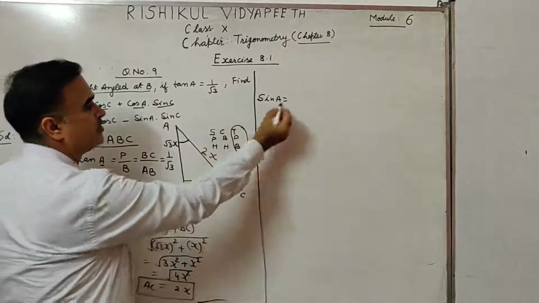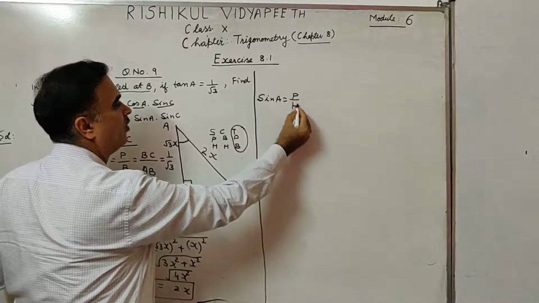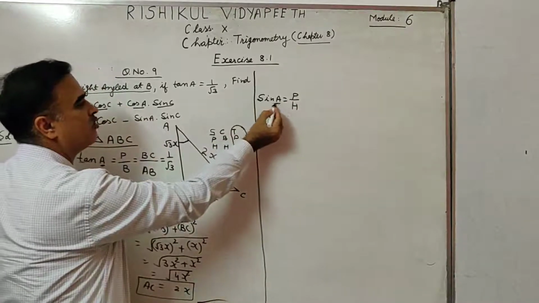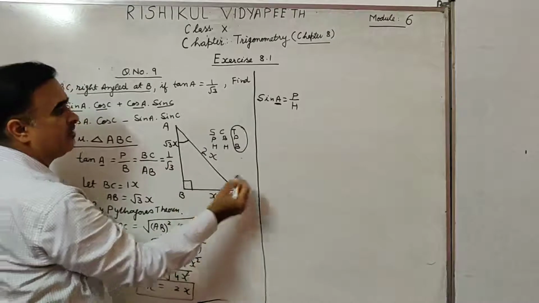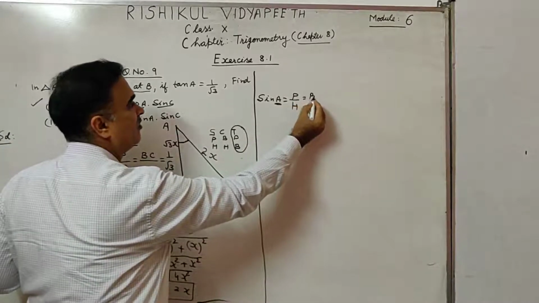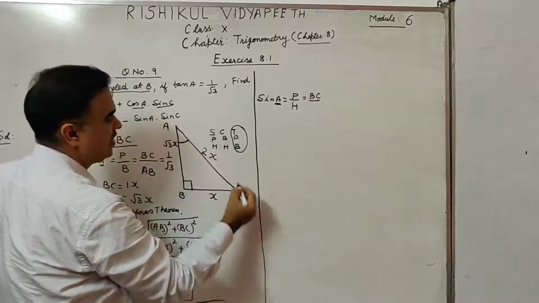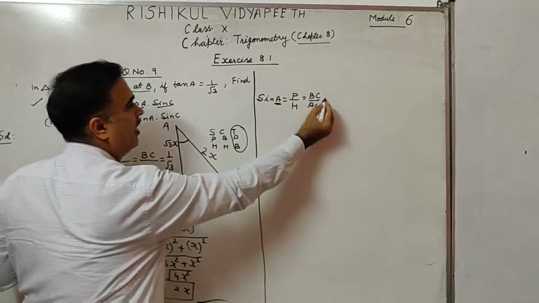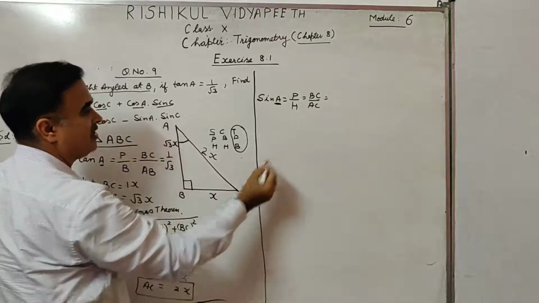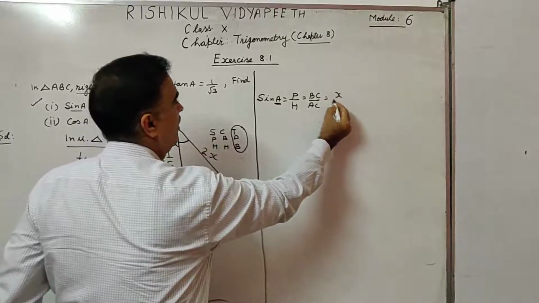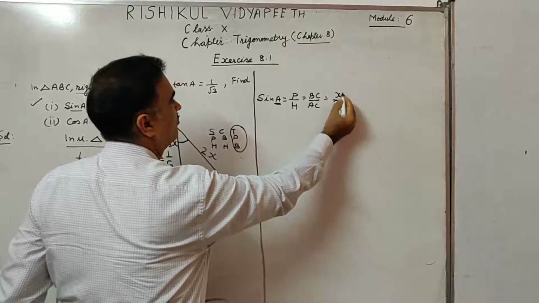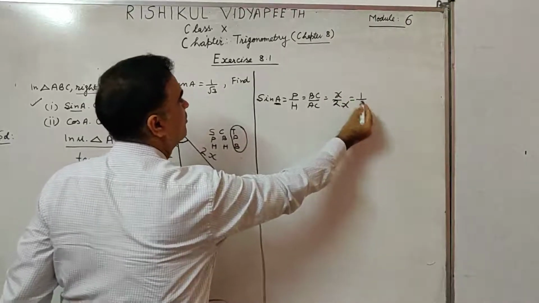Sin is P by H. With respect to this acute angle A, the perpendicular is BC, hypotenuse is AC, and you put the values: BC is x upon 2x, cancel out, it is 1 by 2.